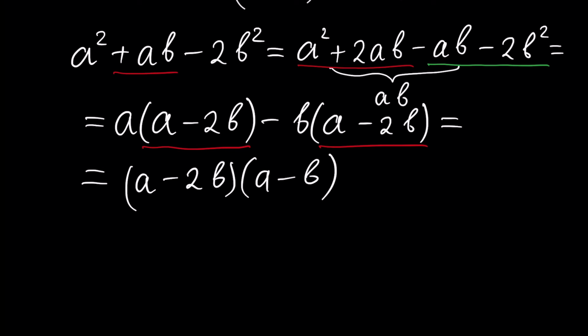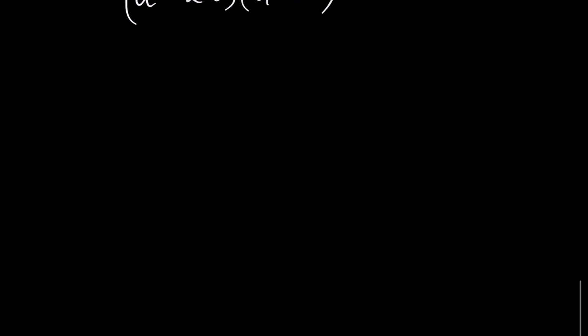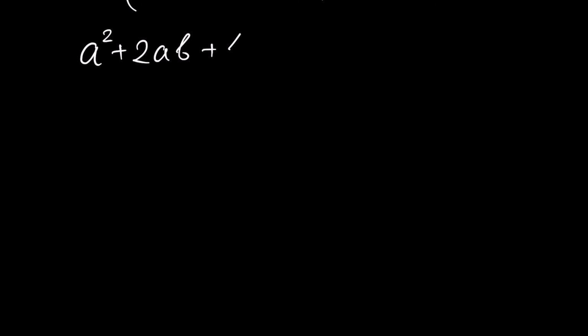Sometimes we have to use shortcut multiplication formulas we learned earlier. Shortcut multiplication formulas are used in algebra again and again. As we know from previous tutorials, a squared plus 2ab plus b squared is equal to a plus b squared.